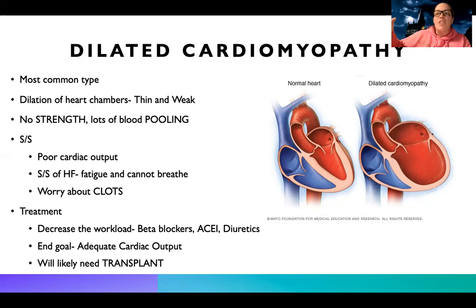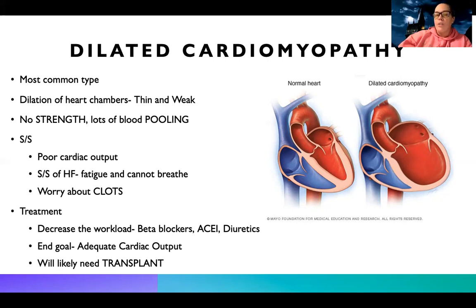So it has no strength to actually push blood out to the rest of the body. And since there's no strength, there's lots of blood pooling, so we're going to be worried about clots. Anytime blood is pooling, especially in the heart, where does it have to go? Blood pools, clots form, and what happens? Where does the blood go after the left ventricle? To the rest of the body.